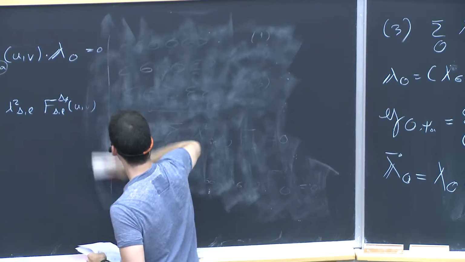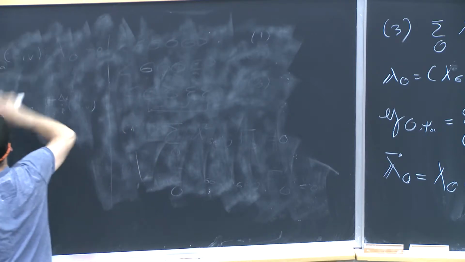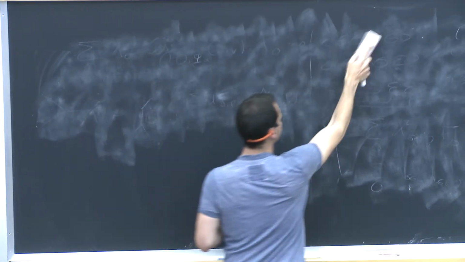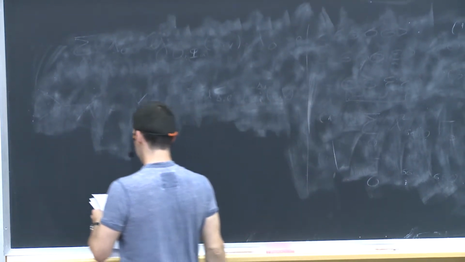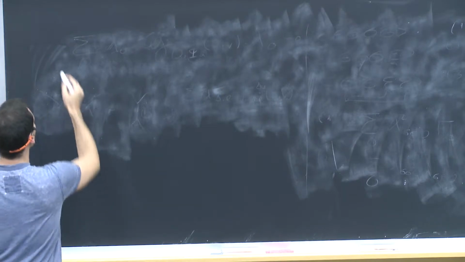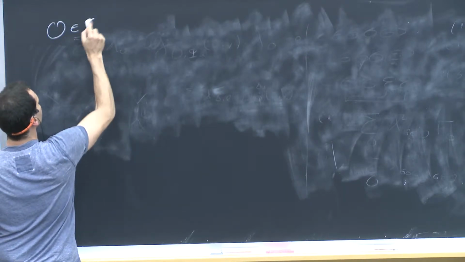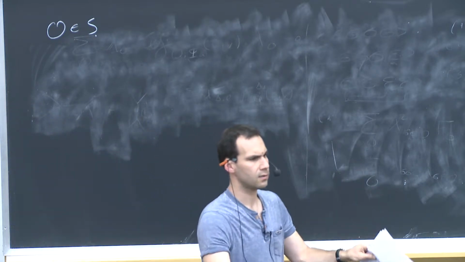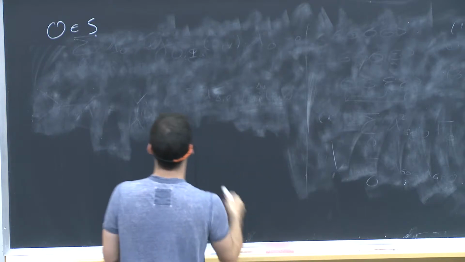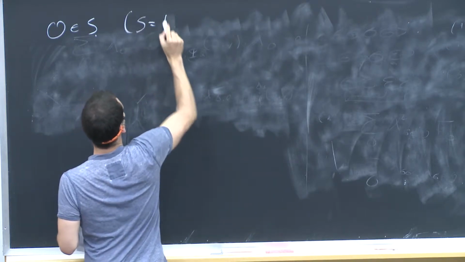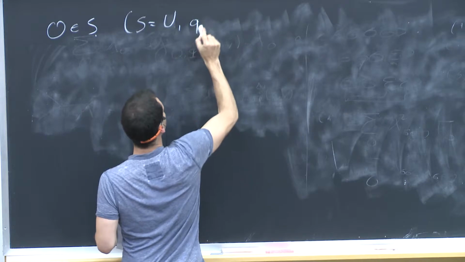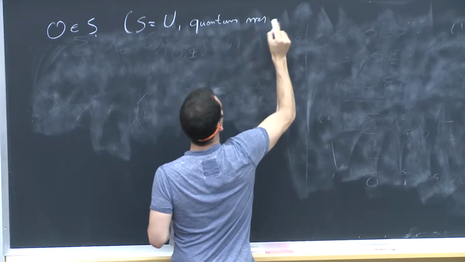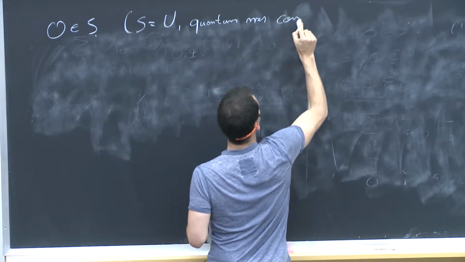Well, now I'm going to do something a bit different. But as you'll see in the end, it's related to that initial problem. So suppose that you choose a set S where you know for sure that solutions to crossing exist. Like, for instance, you could take S equal to U, quantum numbers consistent with unitarity.